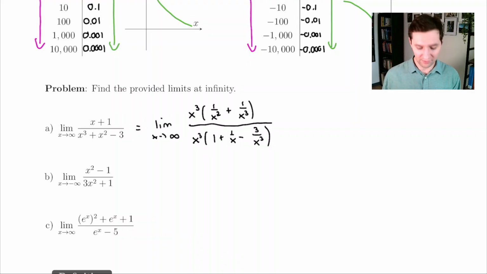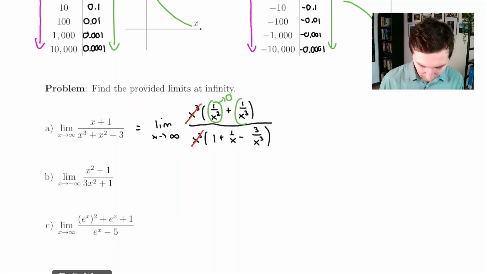The reason why this works is because now I can divide out x to the third power. And for the remaining terms, I know what happens to them as x goes to infinity. We discussed that 1 over x squared goes toward 0 because the denominator gets bigger, so the whole fraction gets closer and closer to 0.